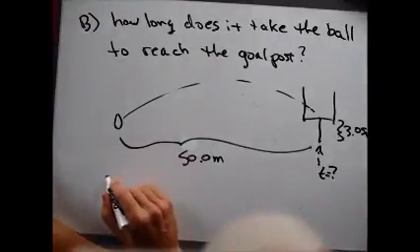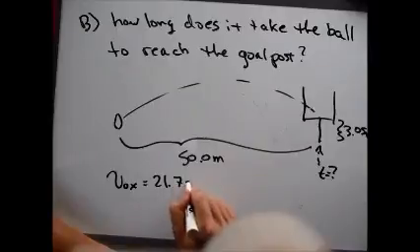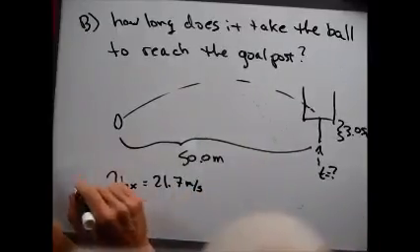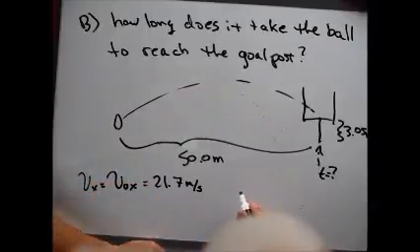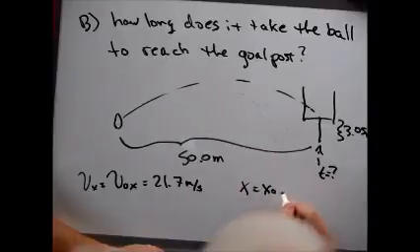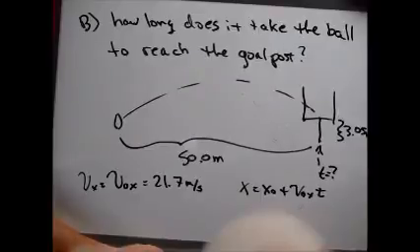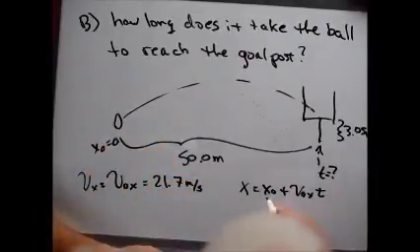We know that V0x is equal to 21.7 meters per second, and we know that the x velocity never changes, so Vx is equal to V0x. The x equation for horizontal motion for a projectile is x equals x0 plus V0x times time. In this case, we can pick our x0 equal to 0. We're free to choose it.